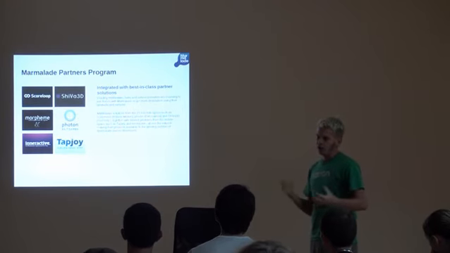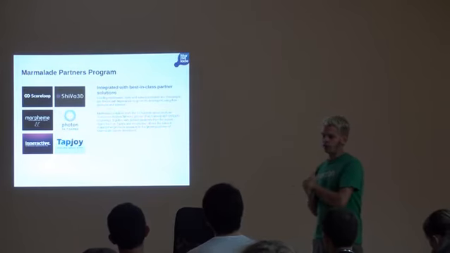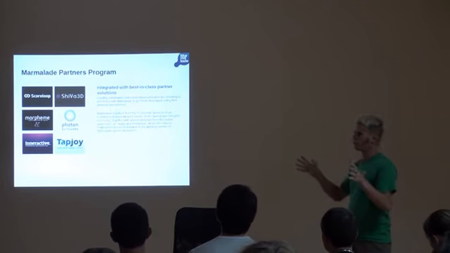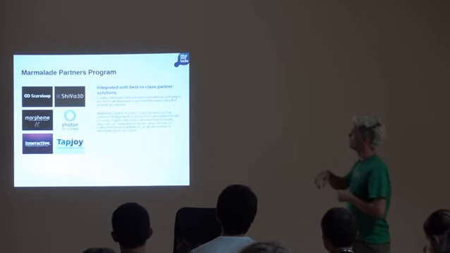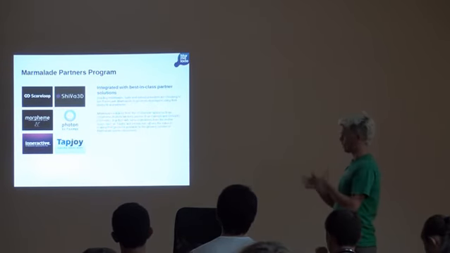We have middleware partners who build middleware on top of Marmalade. People like Shiba 3D, which is a big 3D engine, full 3D and full game engine. Morphine animation engine. Score Loop is high score online stuff.